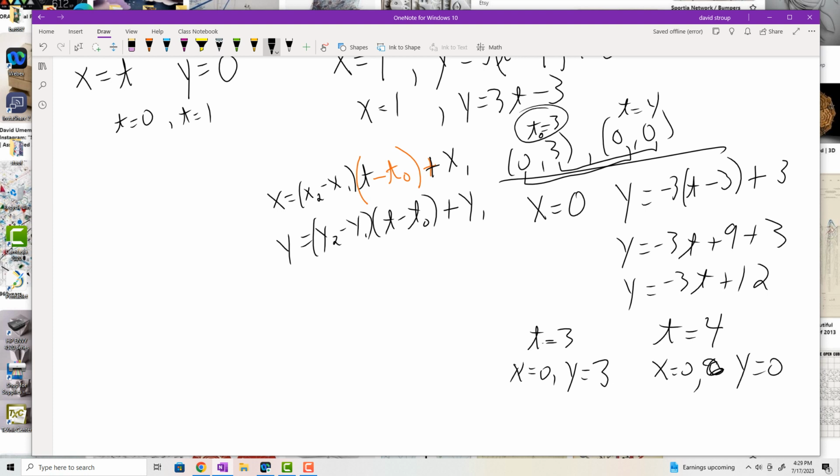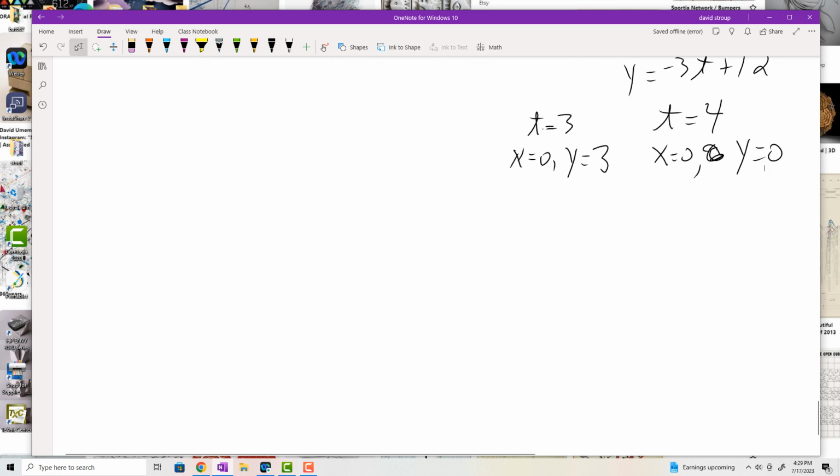Okay. All right, so what I want you to do for the quiz in this section is to parameterize the following curve in the same way. So from t equals 0, I want to be at 0, 0. And then I want to end up at, let's say, 2, 0.